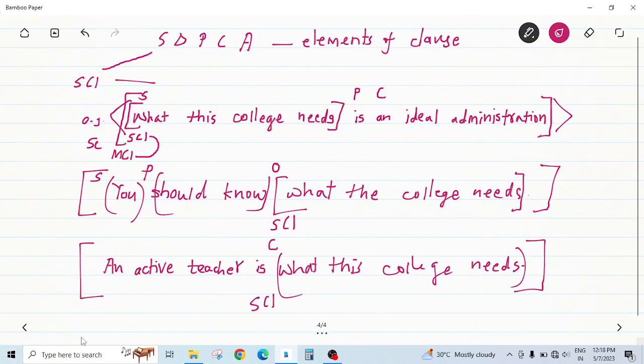So you have already studied that it functions in one of the basic patterns of sentences. So in this way, subordinate clause plays different roles in a complex sentence. Thank you.